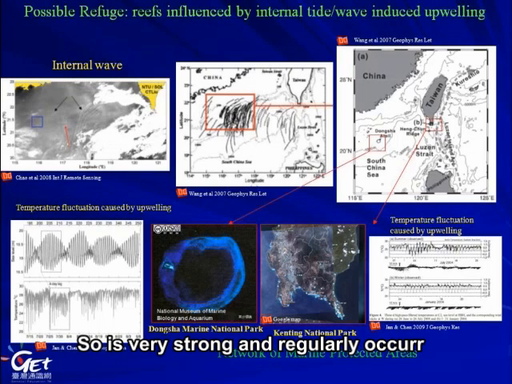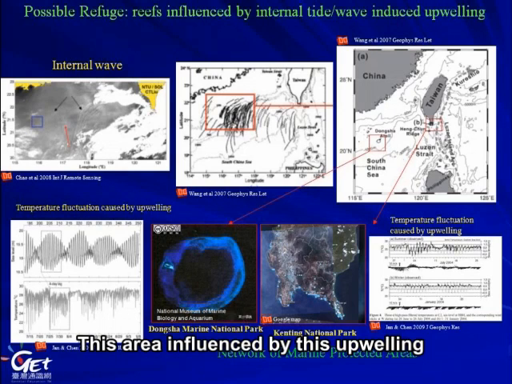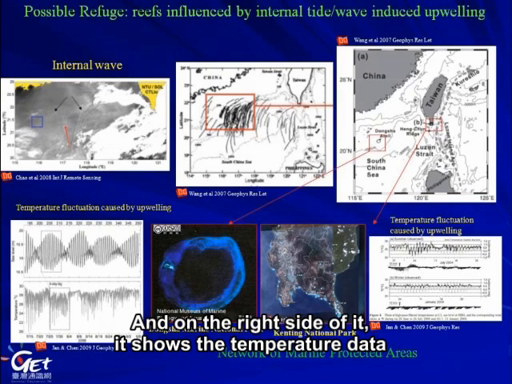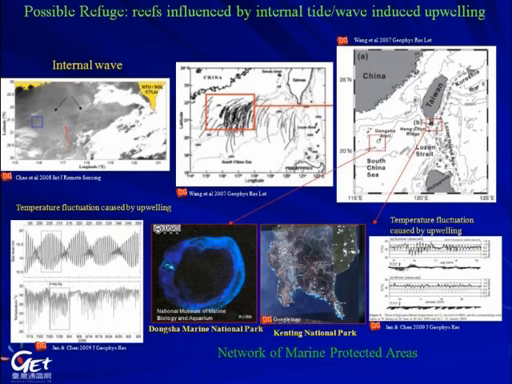So it's very strong and regularly occurred. And in Kenting National Park, in the Nanwan Bay, as this green dot shows there, this area influenced by this upwelling, and on the right side of it, it shows the temperature data. So the temperature fluctuation occurred frequently, caused by the upwelling.